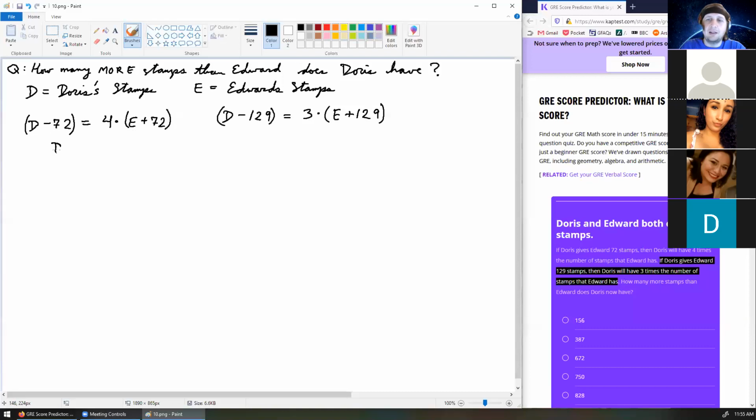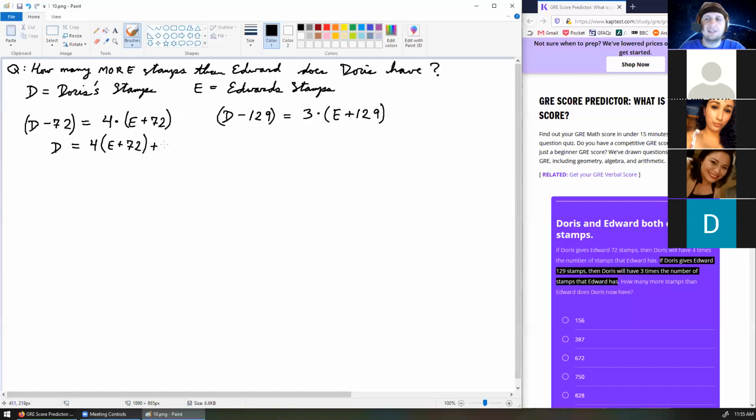Okay. So D equals 4 times E plus 72, plus, right? Is this plus or minus?